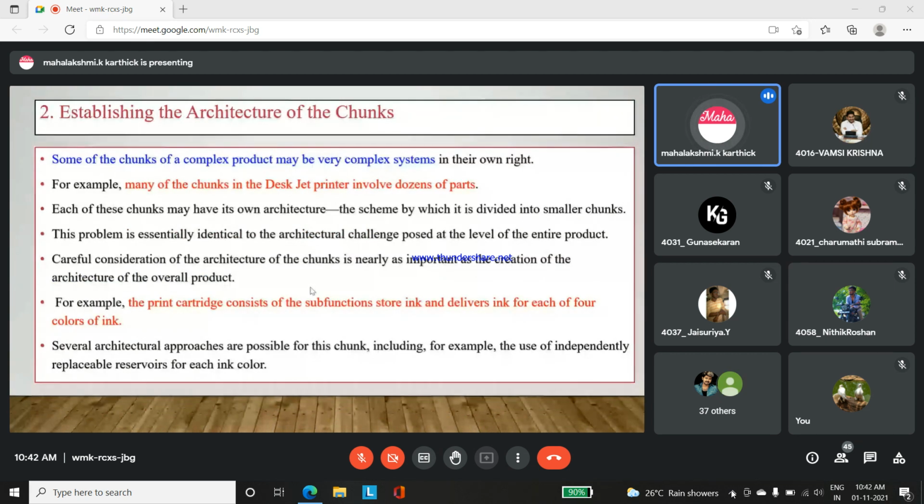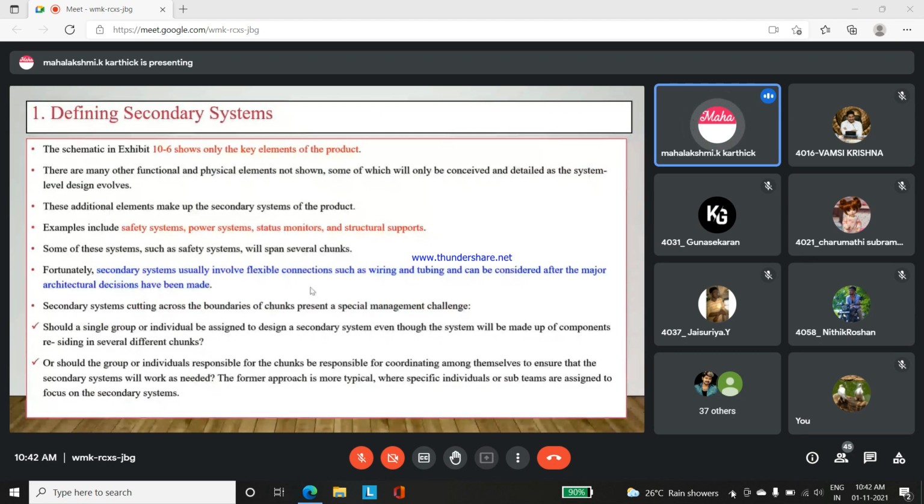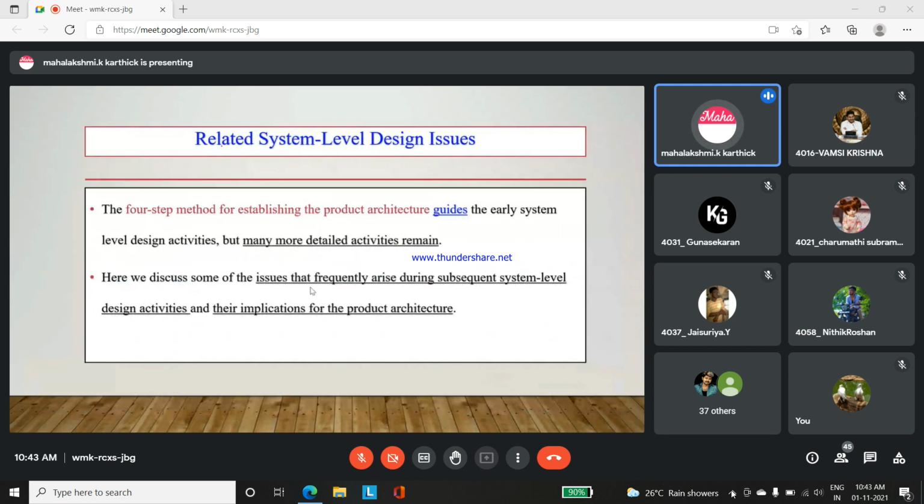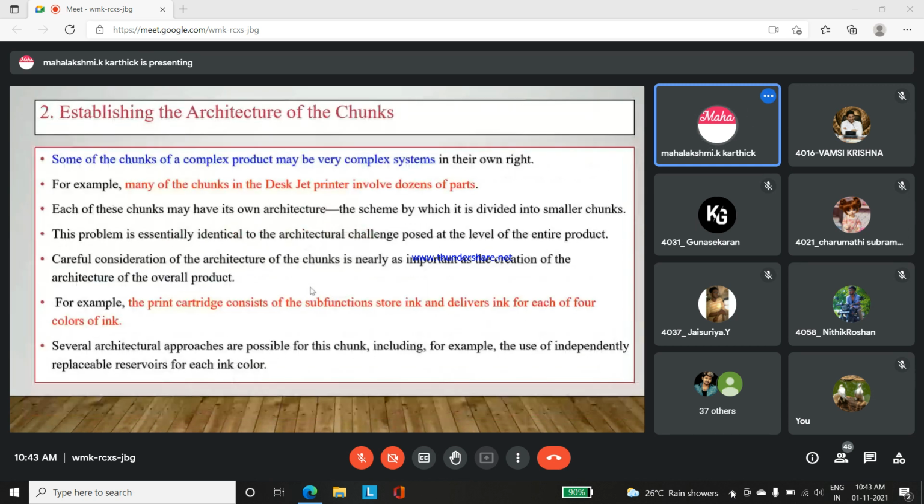Then establishing the architecture of the chunk, some dozens of parts. For example, a print cartridge, if you look inside, has sub functions, like ink storing and delivering the ink for each of the 4 colors of ink. So these are the left out chunks which were not discussed in establishing the product architecture, which come under related system level design issues.